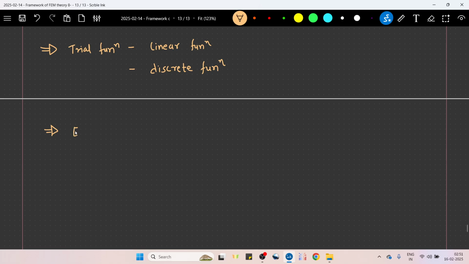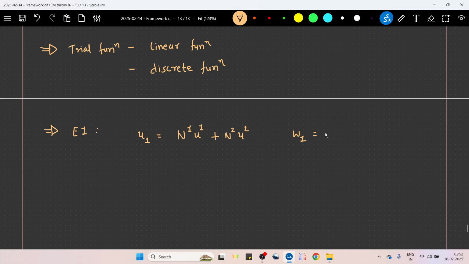So for element 1, u subscript 1 is equal to n1 u1 plus n2 u2. And similarly w1, the weighting function.